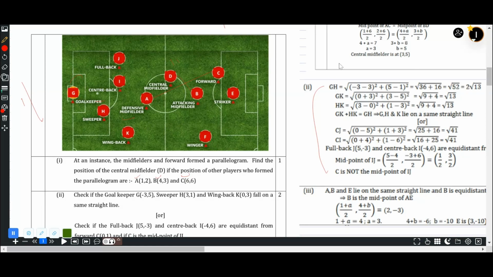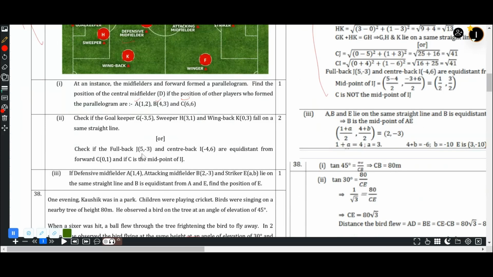ओके, नेक्स्ट इज और में देखिए, check if the fullback J (5, -3) and center back I (-4, 6) are equidistant from forward C, if C is the midpoint of IJ.